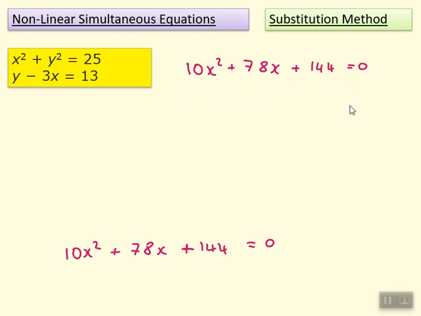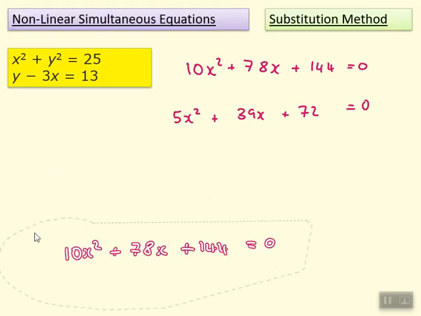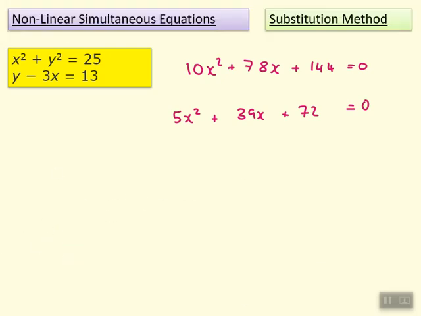We're going to halve everything, and even the 0 is going to be halved. So 0 divided by 2 is 0. But all of this halved is going to give us 5x squared plus, what's that halved? That's 39x plus, what's that halved? 72 equals 0.